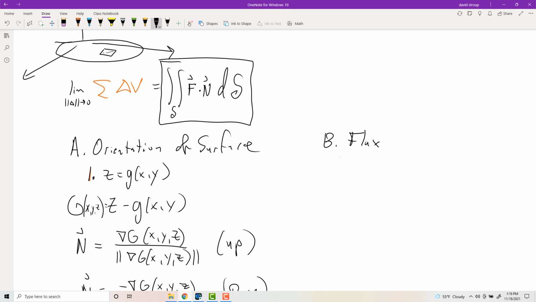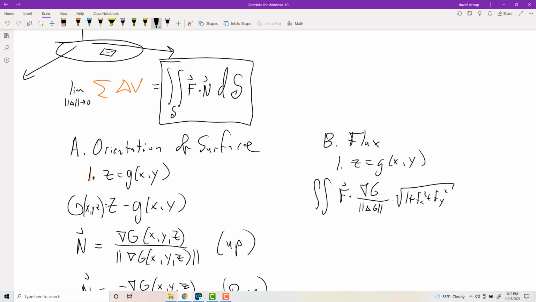So the first version, the z equals g of x, y version, you have the double integral of F dotted with n. That's going to be the gradient of g over the magnitude of the gradient of g, times this square root of 1 plus f_x squared plus f_y squared, and then dA, right?